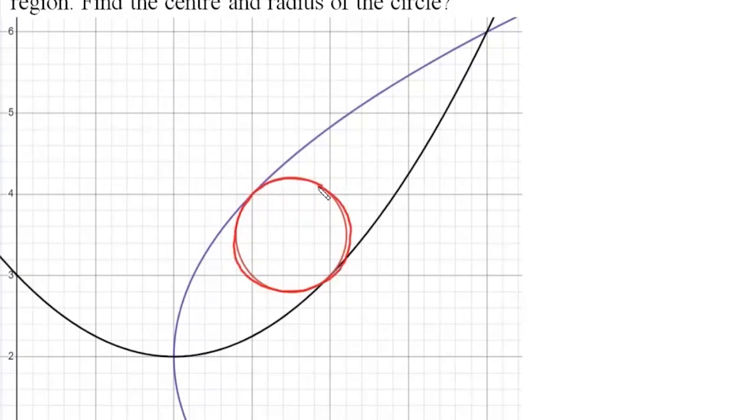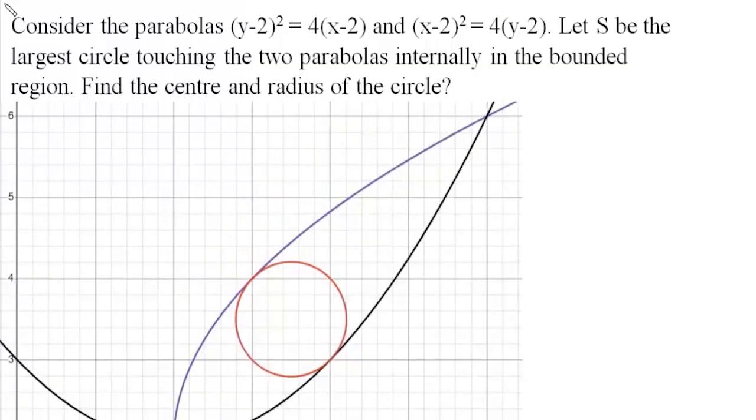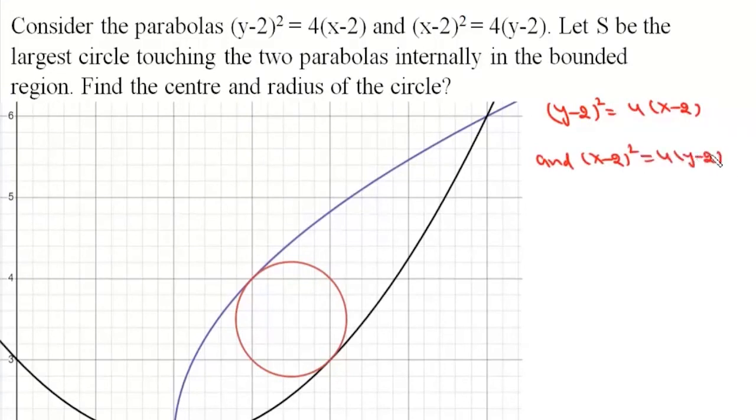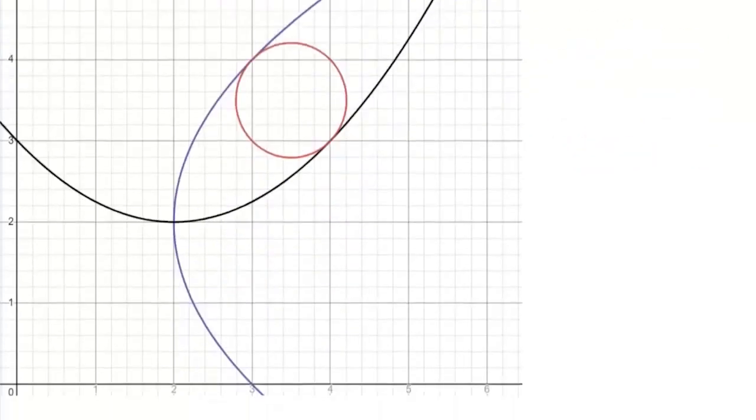So here we have two intersecting parabolas and we have to find the radius of this largest circle which touches both the parabolas. Now if I look at the equations of the two given parabolas, they are y minus 2 whole square equals 4x minus 2 and x minus 2 whole square equals 4y minus 2. Now what we'll do is we'll shift the origin to their point of intersection, which is (2, 2), so that this problem simplifies a bit.